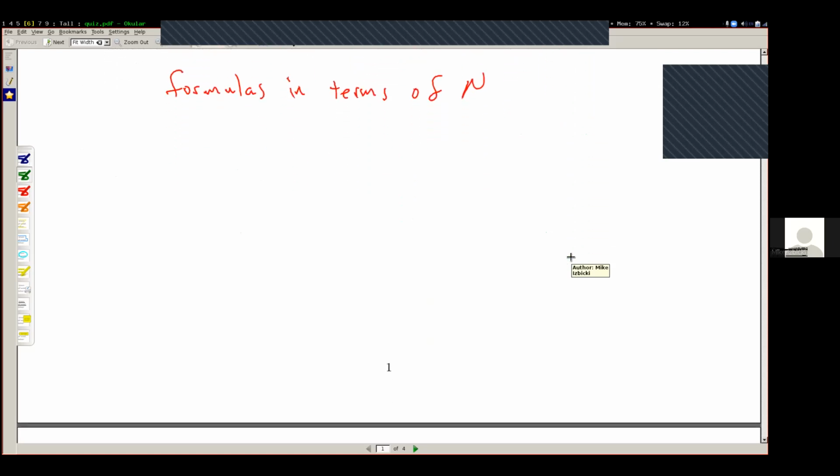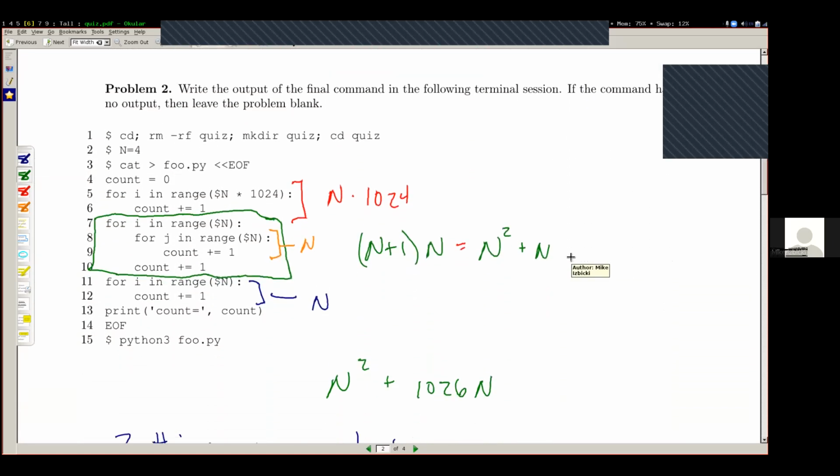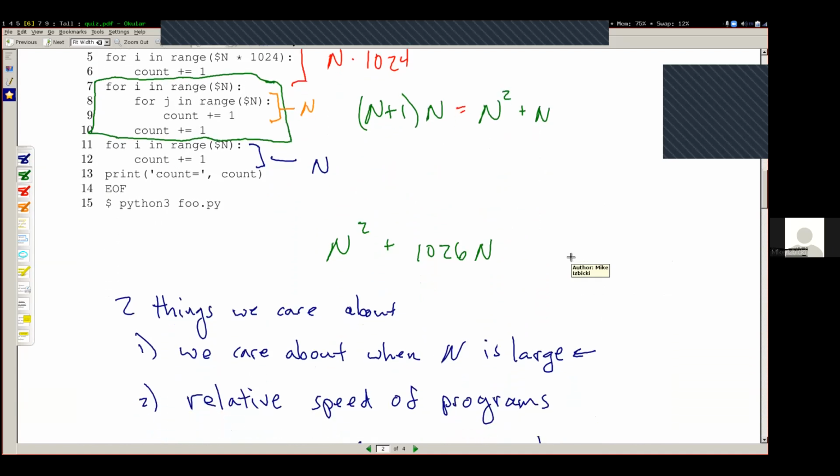And then we're going to come down here to this next problem 2. Here we have a little bit more complicated of an equation. But if we were to work out the details of the math, we would see that instead of theta n cubed, we get theta of n squared, as a simpler version of this equation over here.